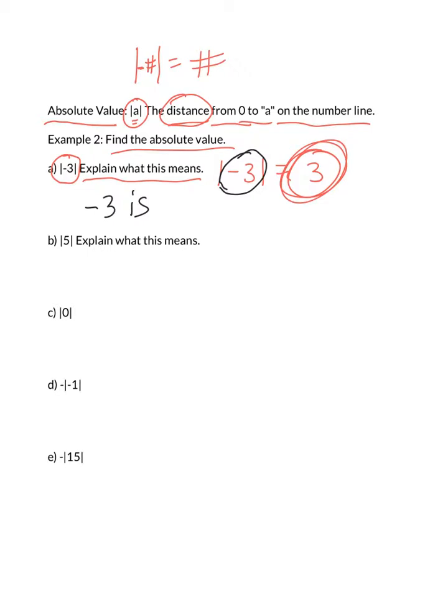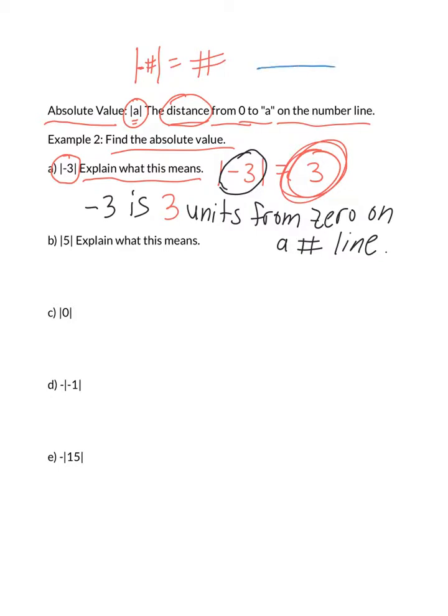So our answer was +3, so -3 is 3 units from the number 0 on a number line. I'll just abbreviate number with a hashtag. So -3 is 3 units from the number 0 on a number line.